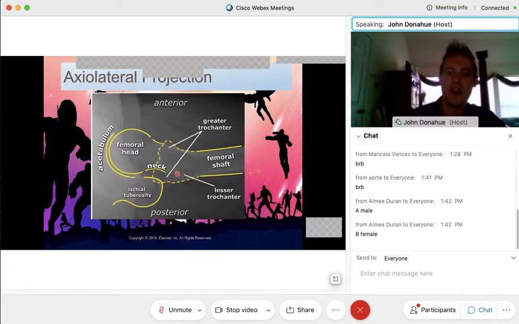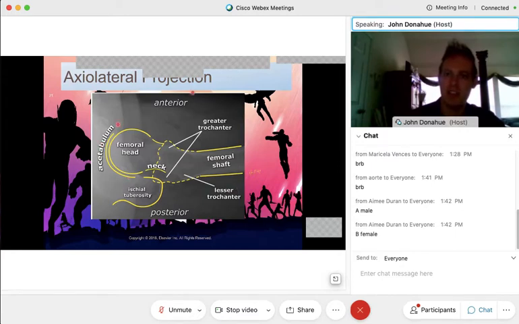So there's usually a little line right here. It's going to be our lesser trochanter. A little bit harder to see, but you can see it. Lesser trochanter superimposed on that femoral shaft. Femoral shaft or body is right here. And then at the posterior portion of this x-ray down here is that ischial tuberosity.